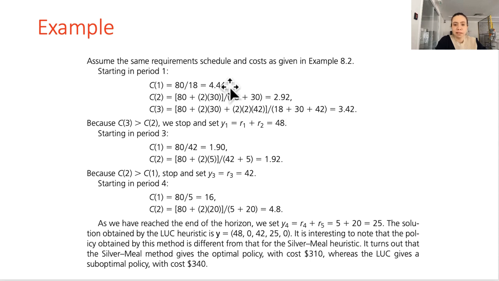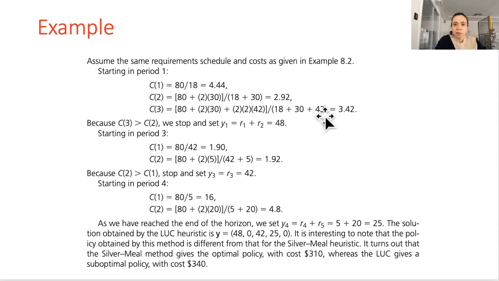It is less than previous C value. So I continue calculating C3. And at C3 I obtain 3.42, which is higher than previous C value. So I stop here. So I make a production plan for the first 2 periods in the first period.